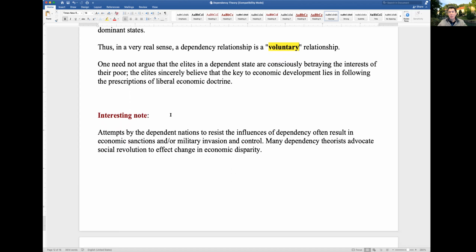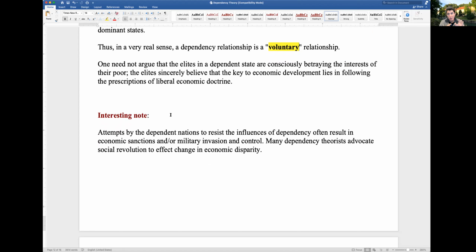We are going to talk about this later, but there have been some cases where countries in the periphery have resisted the influence of rich countries, either by repudiating multinational corporations, like trying to freeze assets or expel them, or in any way avoiding the interference of rich nations.